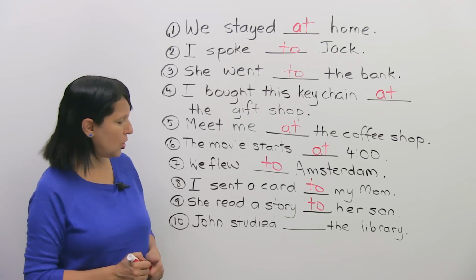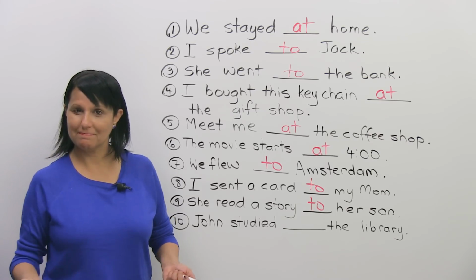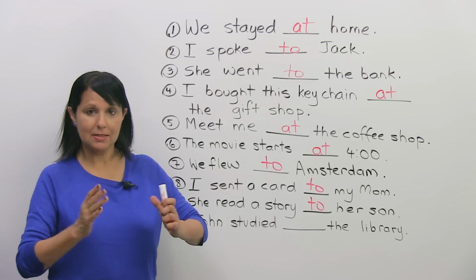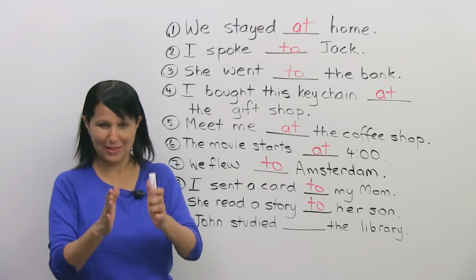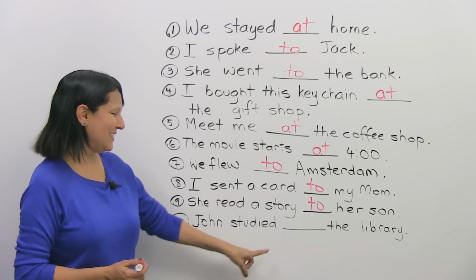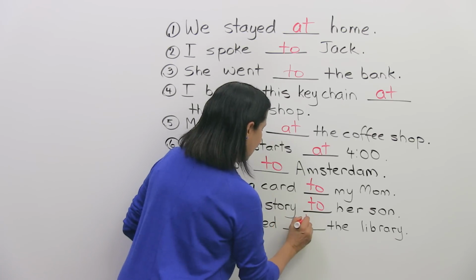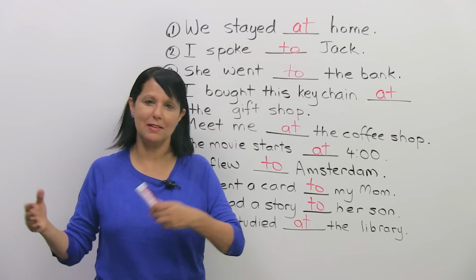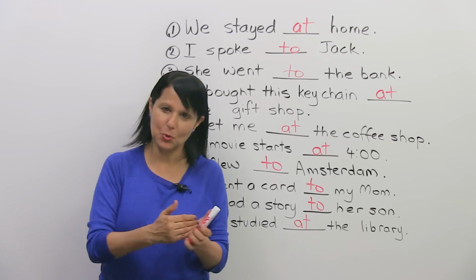And the last one, John studied blank the library. So where was he? Was he in one place or was he moving? He was in one place, one location. All right. So we can say John studied at the library.